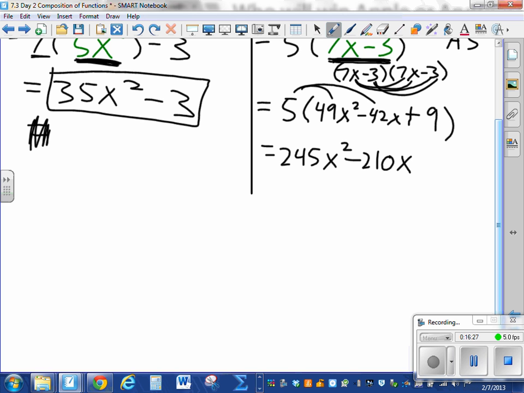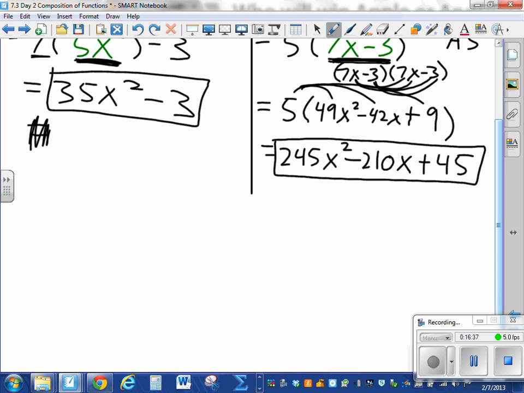And then 5 times 9 is 45. All right, and that is your final answer, I hope: 245x squared minus 210x plus 45. So hopefully I didn't do that wrong.